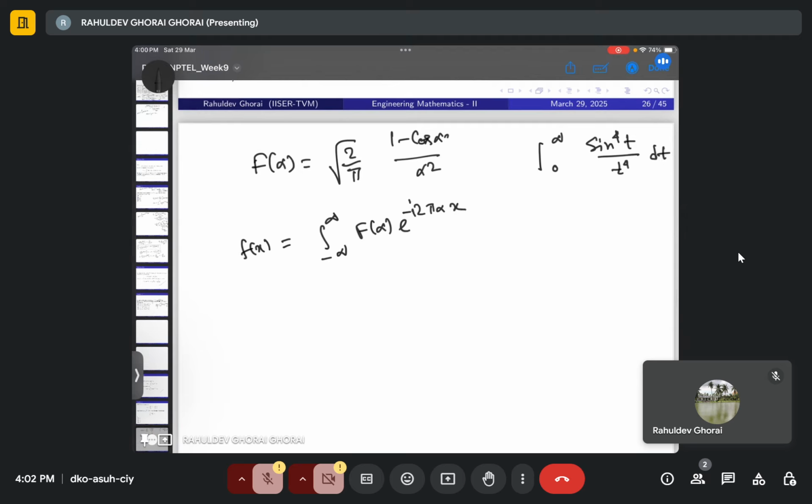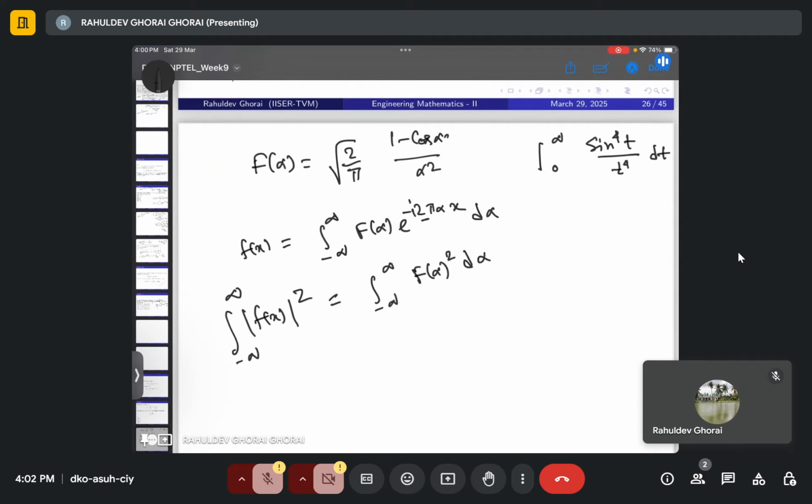Whether the 2 is there or not doesn't matter. So the integral of f x square dx will be the integral of f alpha square d alpha.